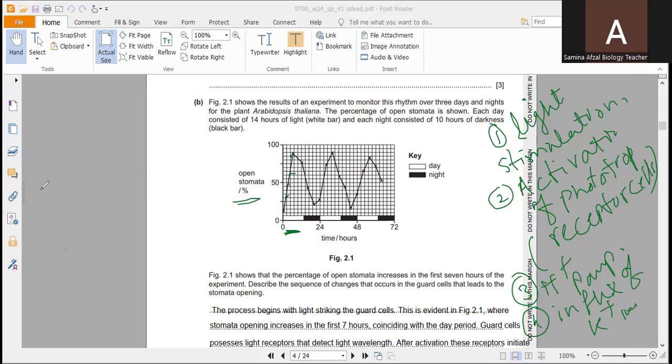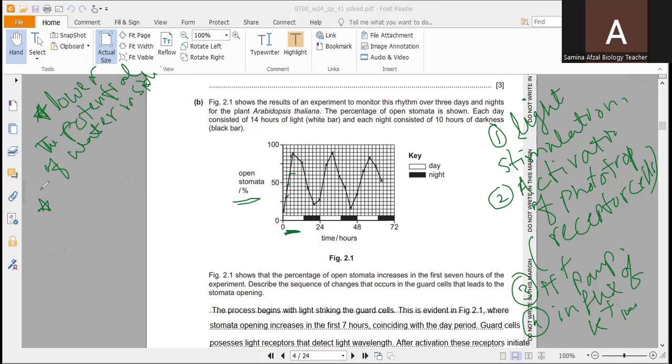So the water potential gradient. The increased ion concentration will lower the water potential inside the guard cells, because if the concentration of these ions is greater, then the water potential will be lower at that time.